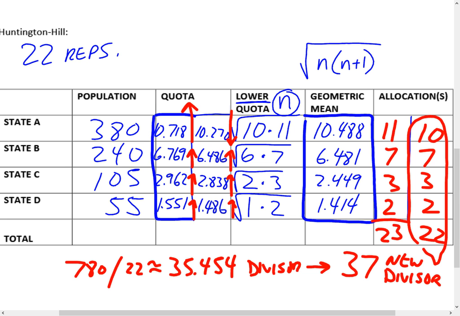But eventually, if Congress, how many representatives right now? 435? If Congress decides that there's enough more people in certain areas of the nation and they want to bump it up, they're going to have to use some method. Chances are they'll go to this one first. We will see.